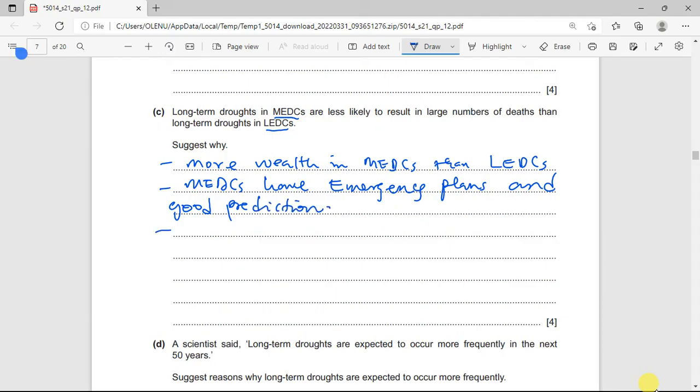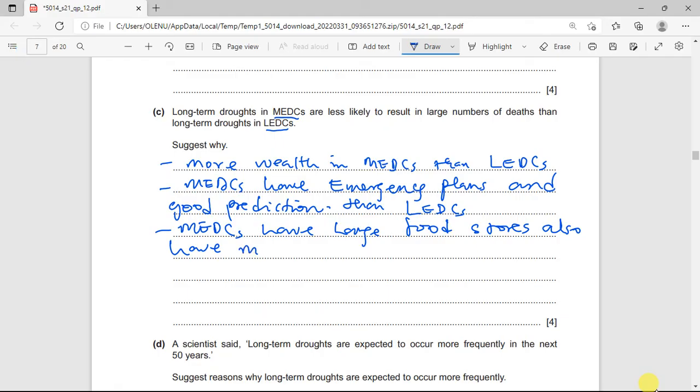You find out that MEDCs usually have large food stores. They also have money to import food.